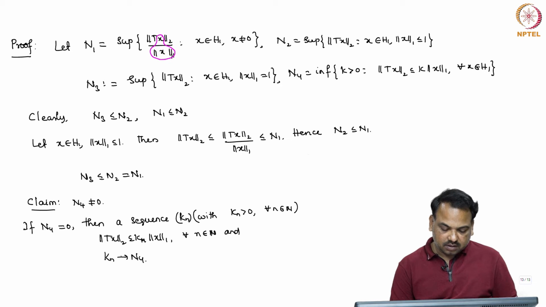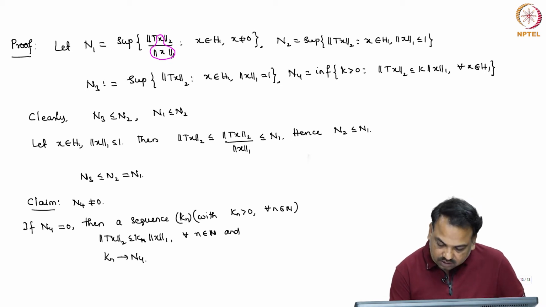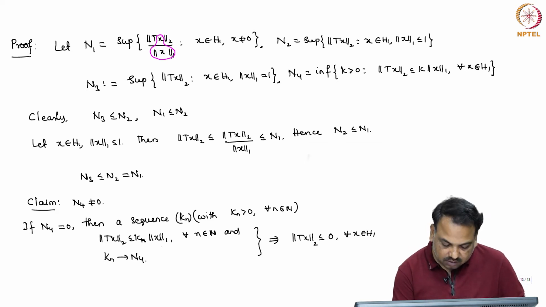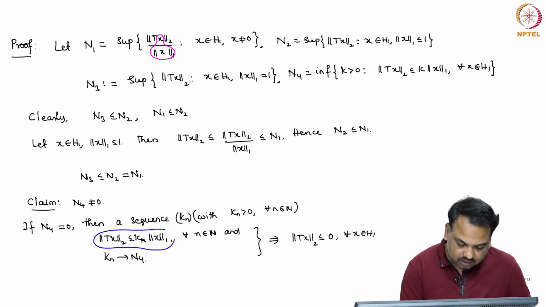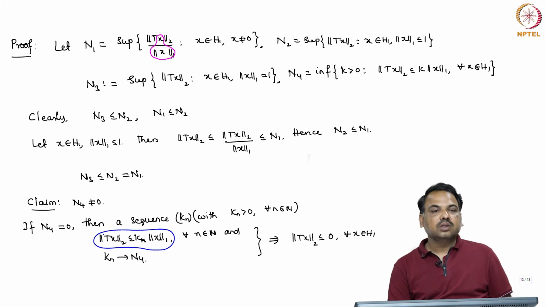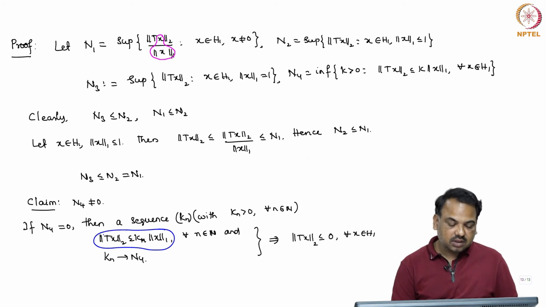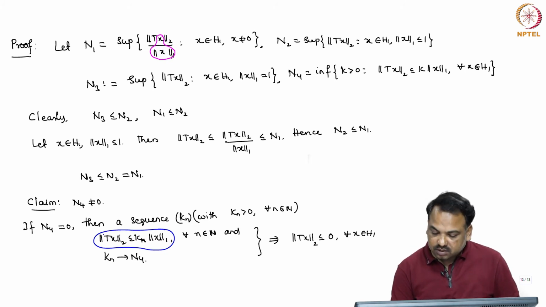Because of these two conditions, if N4 is 0, norm Tx is less than or equal to 0 for every x in H1. Look at this statement: if N4 is 0, norm Tx is less than or equal to 0, but norm Tx is anyway bigger than or equal to 0.